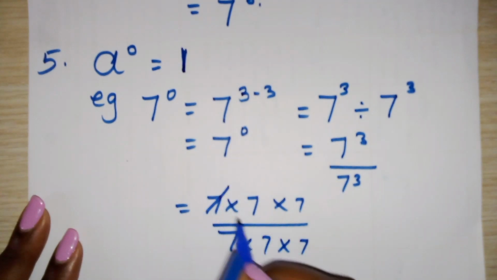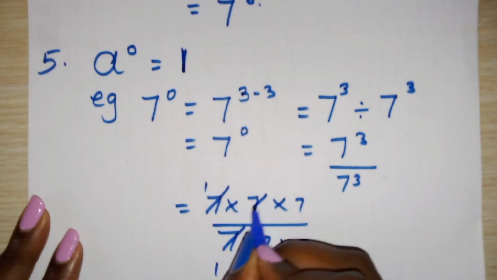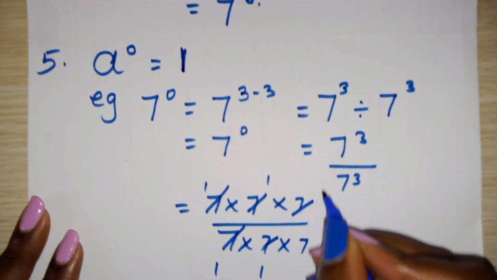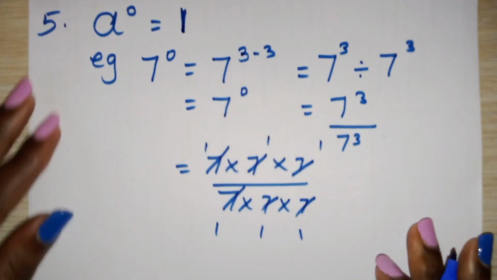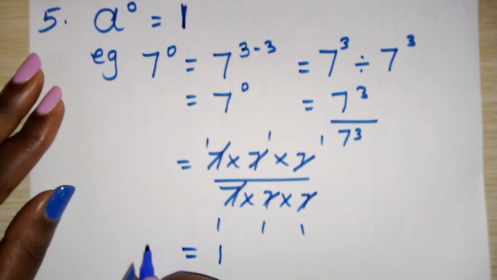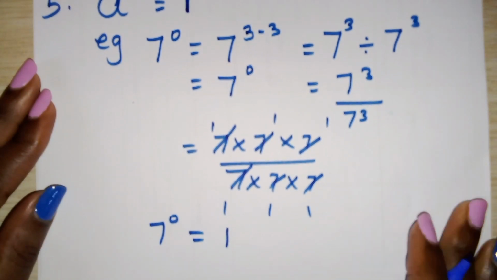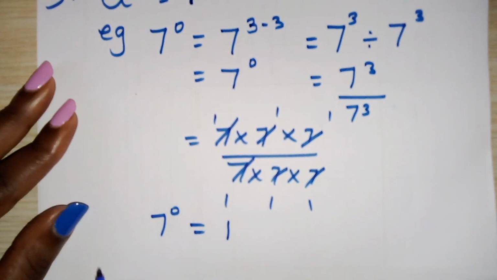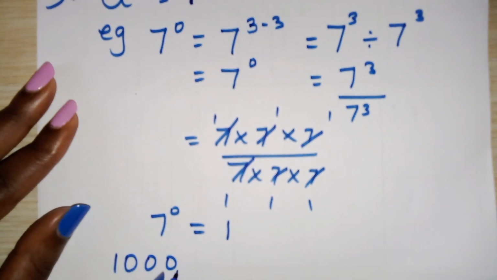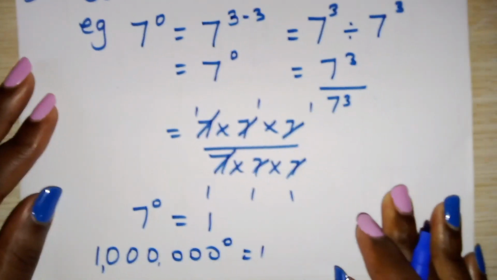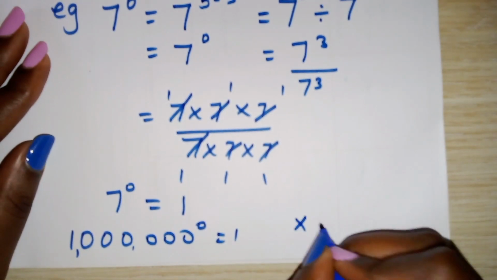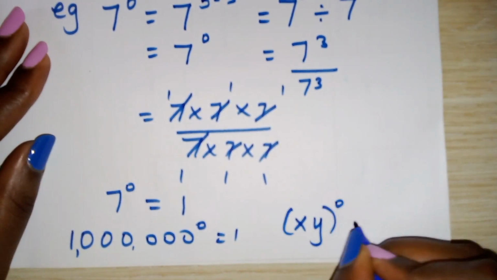When you cancel this by this, you get 1. So in short, 7 to the power 0 is 1. Any number or any letter to the power 0 is 1. So even if you have a number like a million, do not be afraid, it's just 1. If you have something like, let's say, xy to the power 0, it's the same as 1.